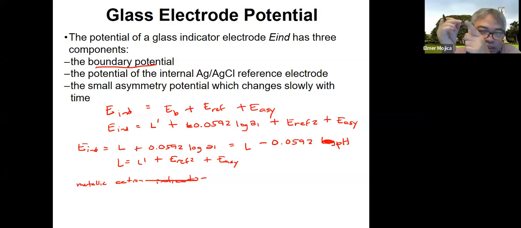Have you seen the glass membrane of a pH electrode? The real one. Maybe you see most of them black, but if you open it, it's just smooth, and it's so thin. Didn't you see it?